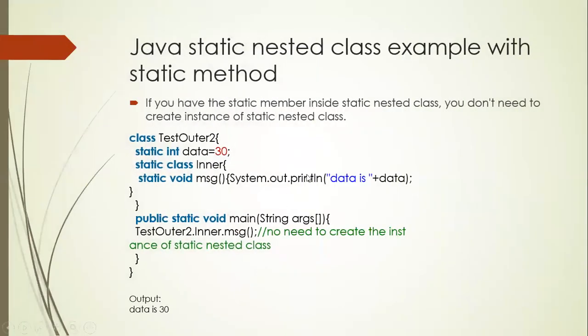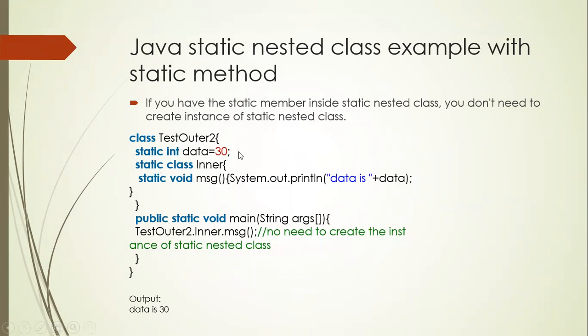And we'll see another example, a Java static nested class example with a static method. If you have the static member inside the static nested class, you don't need to create an instance of the static nested class. You see here, TestOuter2.